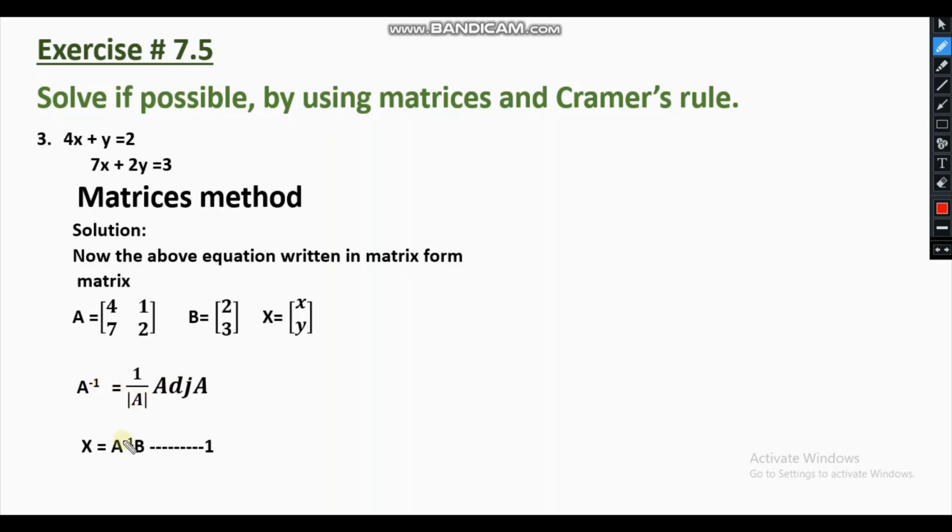We find the inverse, put it here, and then put in the value of B. Now the adjoint of A: the matrix A is 4, 1, 7, 2, so we replace the leading diagonal elements by each other, and the other diagonal is replaced by its negative sign, minus, because both are plus. This is the rule for the adjoint of A.